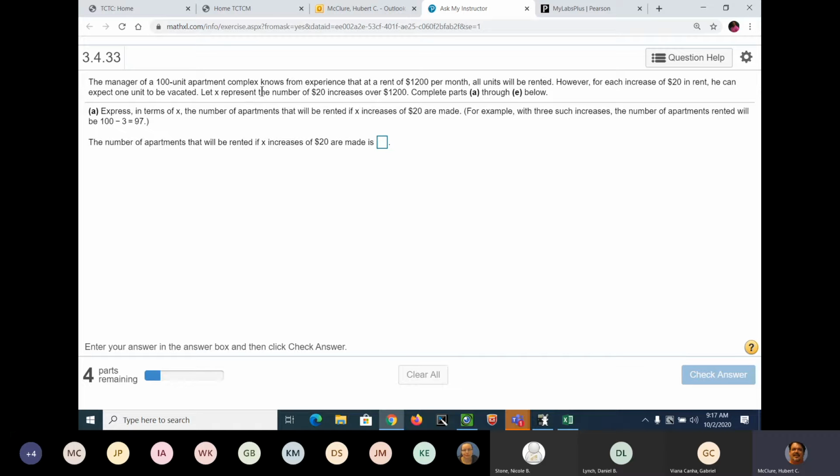Let X represent the number of $20 increases over $1,200. Expressed in terms of X, the number of apartments that will be rented if X increases of $20 are made. For example, in such increases, number of apartments will be 100 minus 3 equals 97.